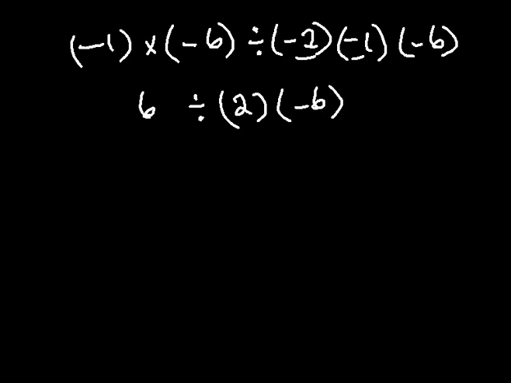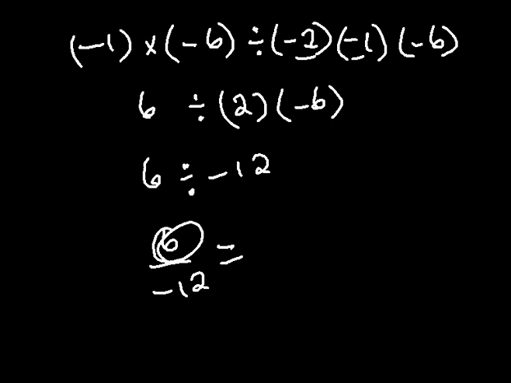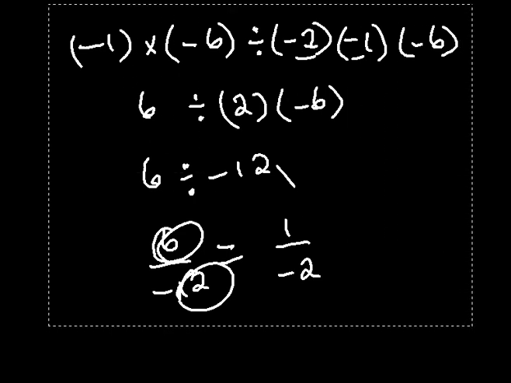So positive 2 times negative 6, we'll have it as a negative 12. So the final expression will be 6 divided by negative 12. With your calculator, you can have it as a fraction upon simplifying, with the common factor being 6, so we have 1 over negative 2. So that is how you can have it in terms of the signs.